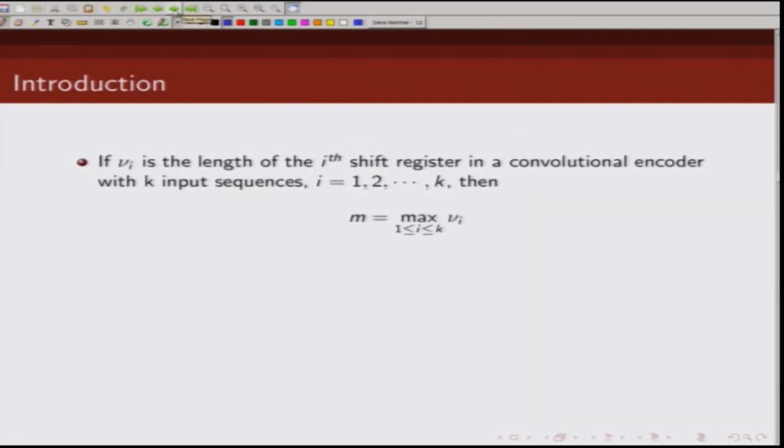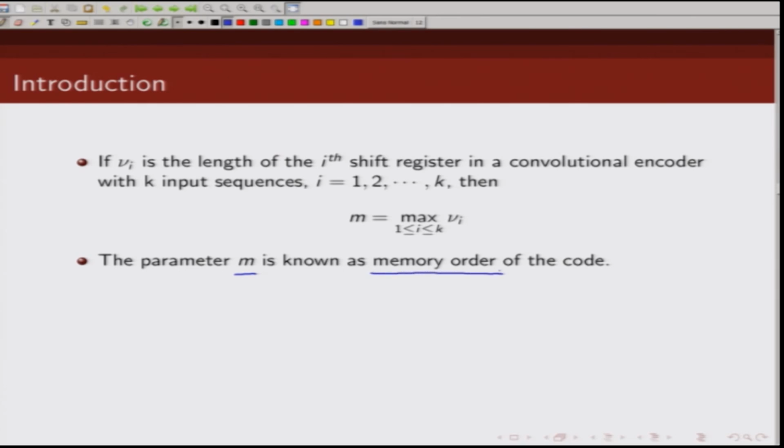If we denote by nu_i the length of the ith shift register in a convolutional encoder, then we define the memory order as the maximum length of the shift register among the k shift registers used to represent the convolutional encoder. This parameter m is also known as the memory order of the convolutional code.